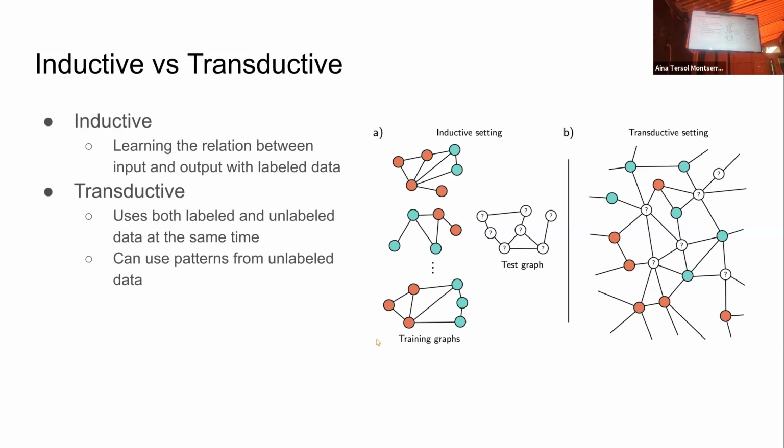In contrast, in transductive, we might have a mixture of labeled and unlabeled. In this scenario, some of these are labeled and some of this stuff is missing. This is very common in a lot of graphs because you don't have full connectivity and awareness of everything that's going on. You don't know everything that exists in the universe. There's always missing data somewhere.